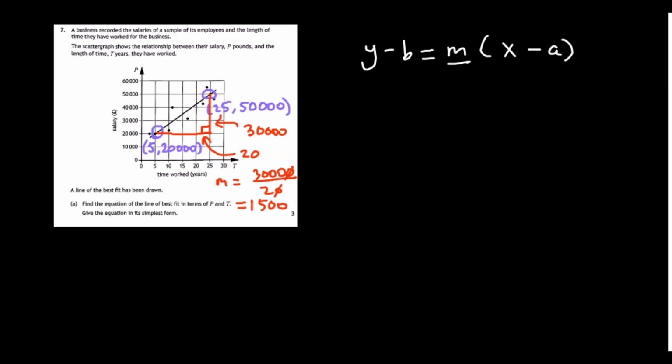So m is 1,500, and I'm just going to use this point (5, 20,000) for a and b. So b is 20,000, that's the y coordinate, and the gradient is 1,500. I'll change it to the letters they want us to use. So y corresponds to p for this question, and x corresponds to t, so it would be p minus b equals m times t minus a, so t minus 5.